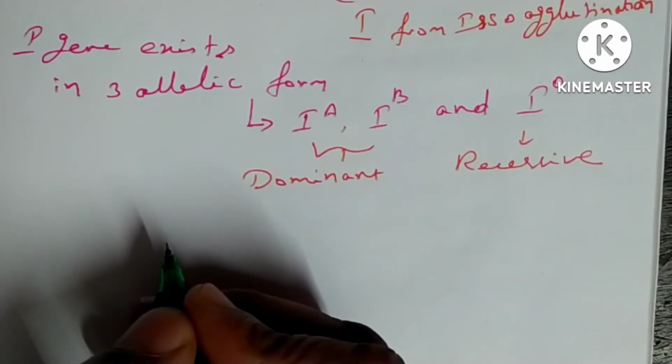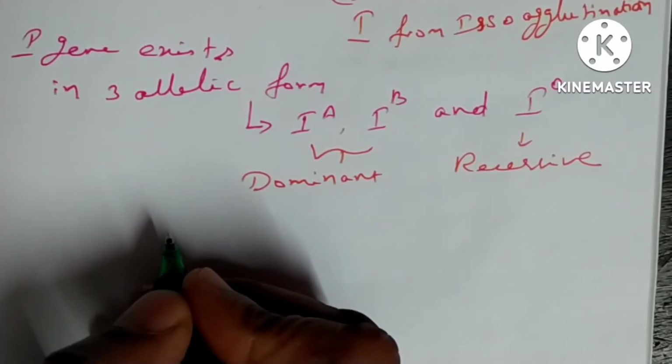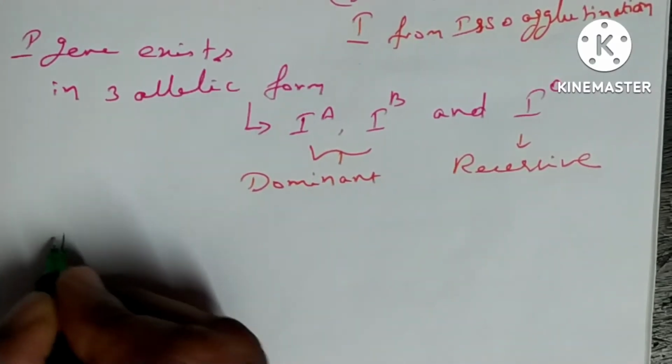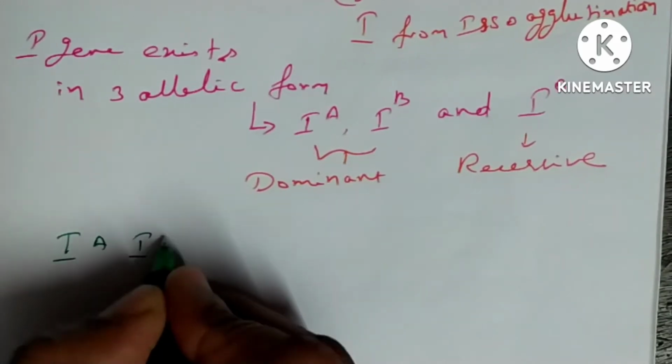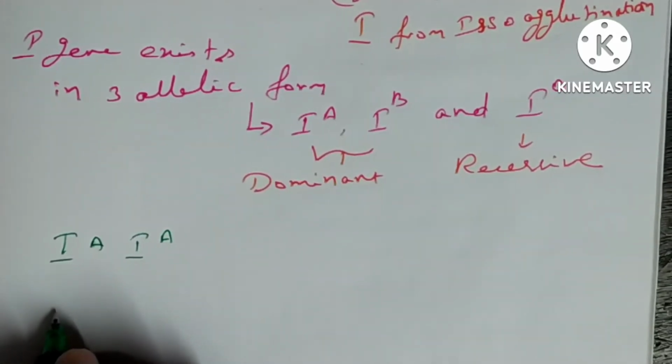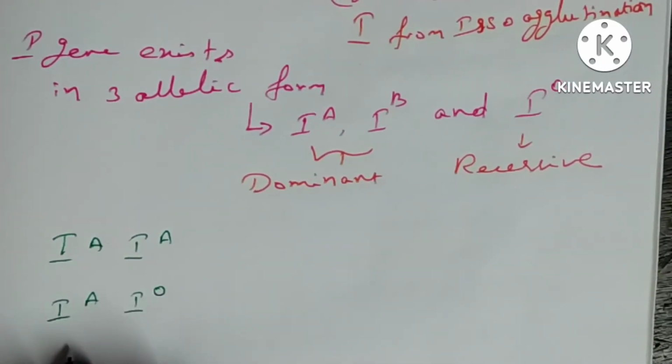Usually there are 3 alleles which control the blood group. Let us see the combinations. IA, IB, IO.